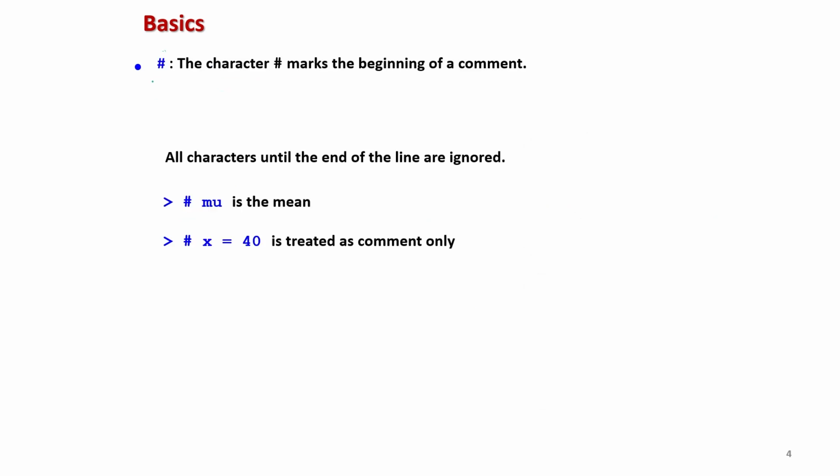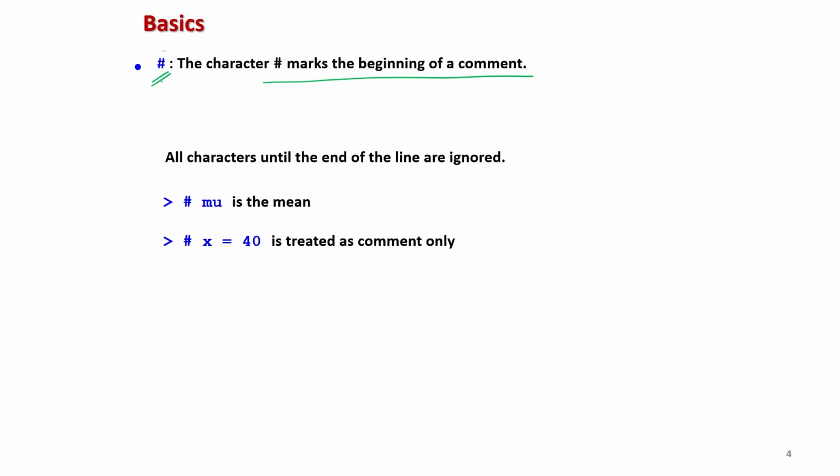Next command is the hash sign. This hash character marks the beginning of a comment. Whenever we are trying to write a program, it is a good practice to give the details of the program inside the program itself, so that anybody can understand it. So one simple way is that you can start writing the sentence with the first character as hash.